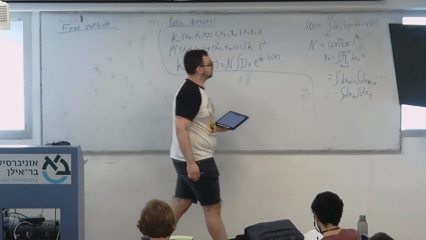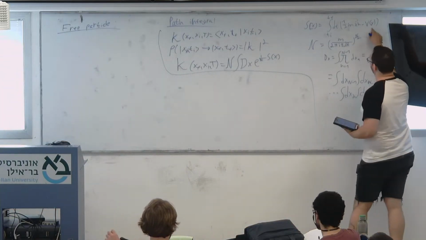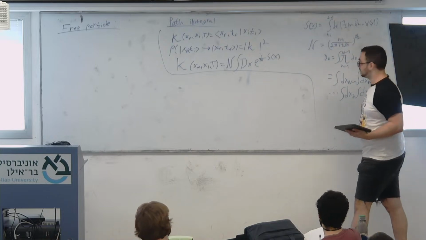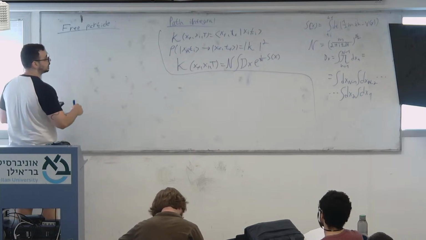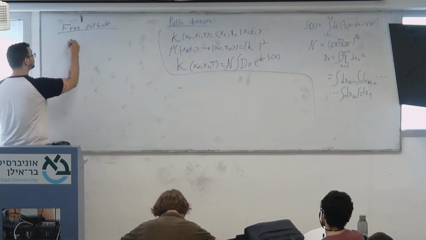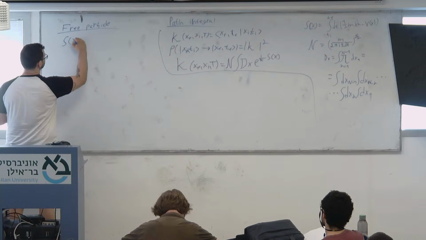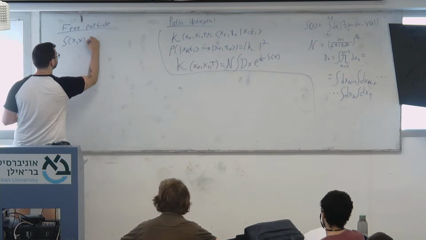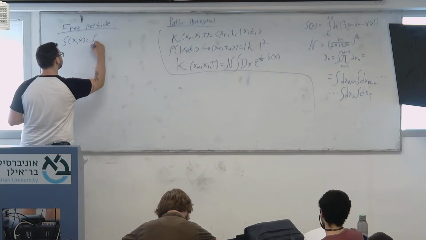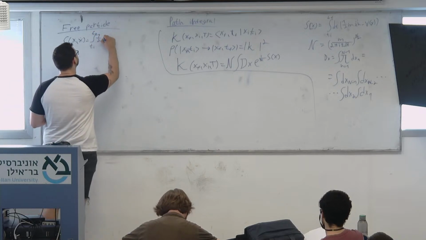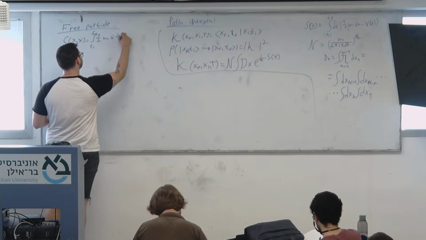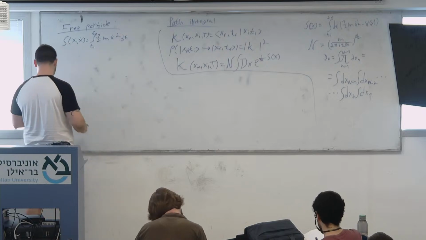First interpretation: we're going to take the potential element to 0 and be left with S equals the integration over half m x dot squared dt.